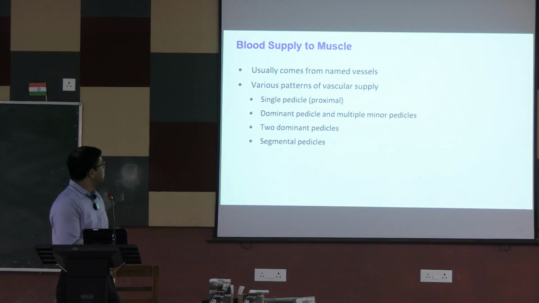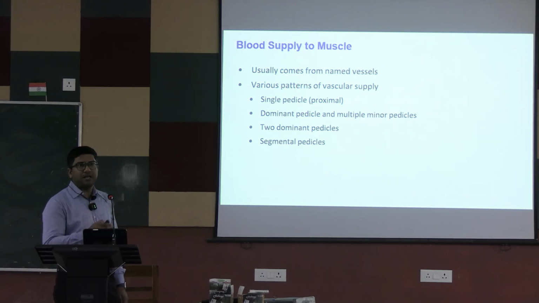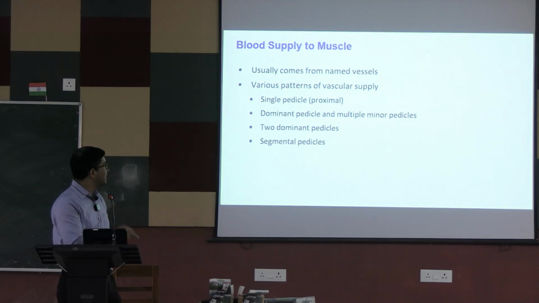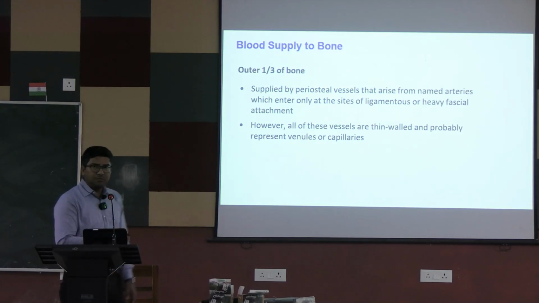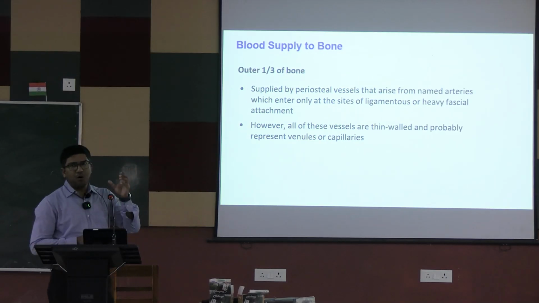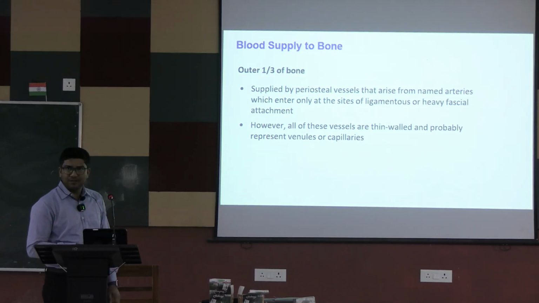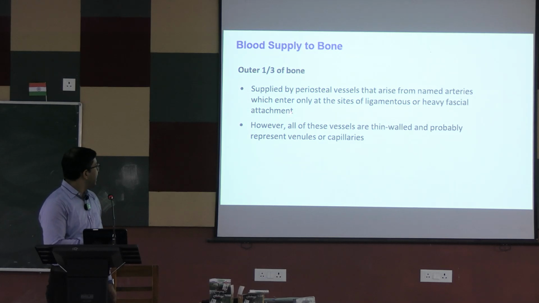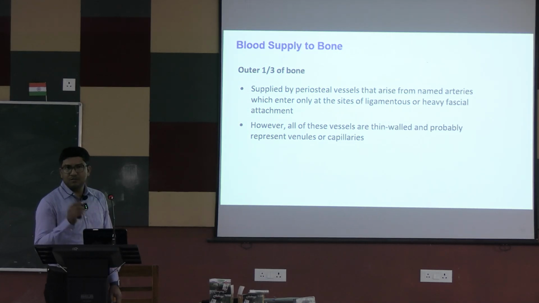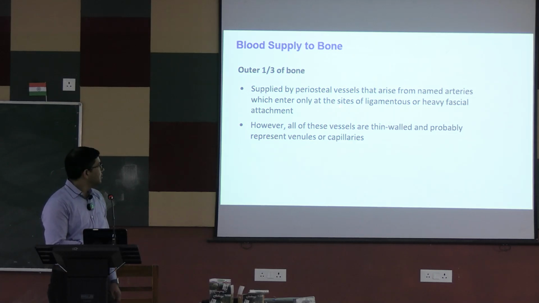So the bone derives its blood supply from the surrounding tissues, from the muscles, from the periosteum. In the bone, roughly the outer third receives blood supply from the periosteal vessels. How do they arrive at the bone? Through the attachment sites of the ligaments and fascial attachments. So these attachments are important.